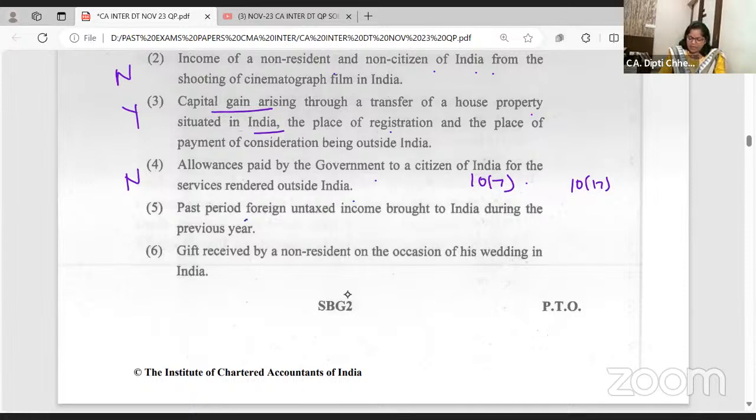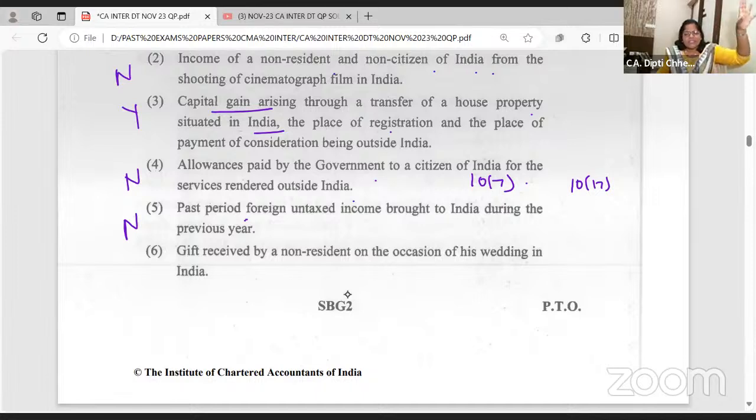Past profit, untaxed profit brought to India. So this is not income. Past untaxed profit, someone has earned in a foreign country and he might have paid tax there, but it's not taxed in India. So that capital, if he brings to India, it's a remittance. It is not income. It's a capital receipt. So no, it's not taxable. Once again, past untaxed profit, I always give the best example, the DDLJ movie, have you seen Dilwale Dulhania, Shah Rukh Khan?